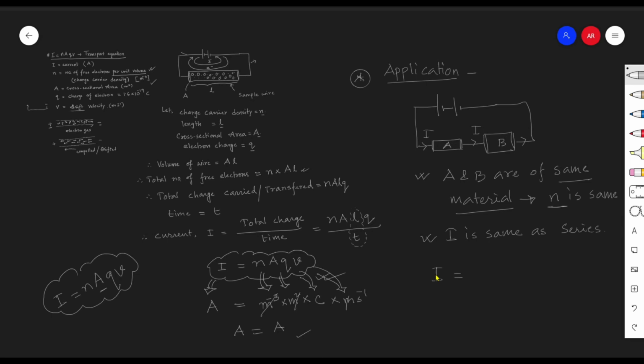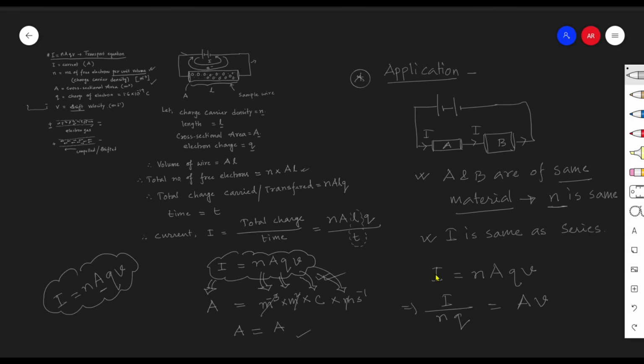So look at this equation now. I equals NAQV. If we divide I by N and Q, we get A times V. Why did we divide it by N and Q? Because N, Q and I are the constant factors right here. Q is always constant.